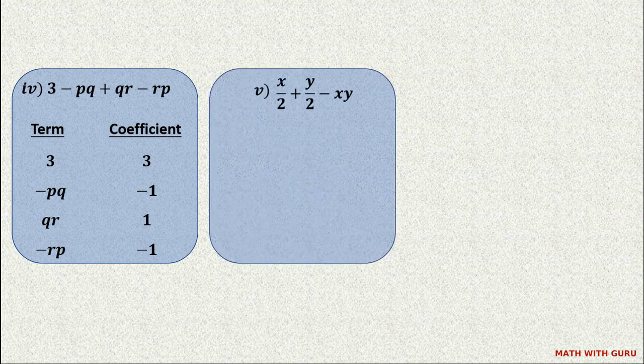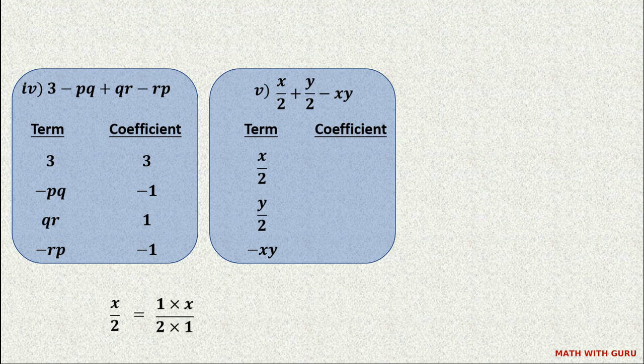Fifth expression, these are the terms, and let us write down the coefficients. What is the numerical coefficient of x by 2? Let us understand this. x by 2 can be written as 1 into x over 2 into 1.